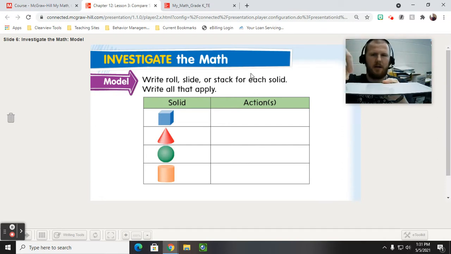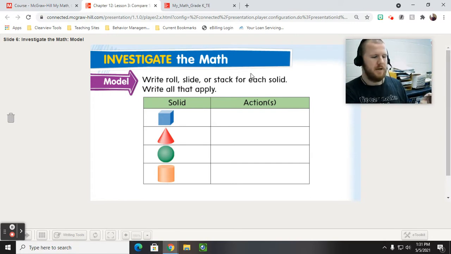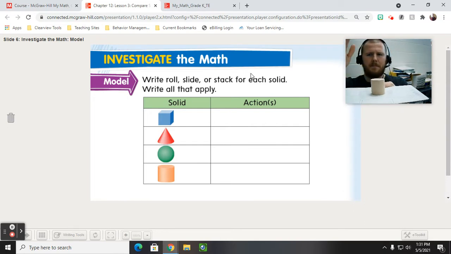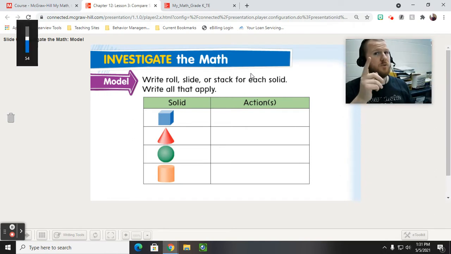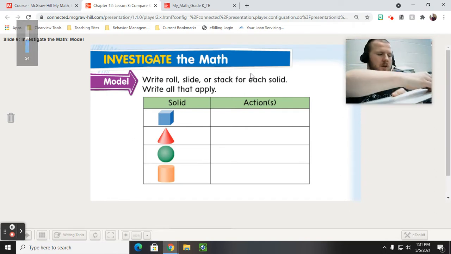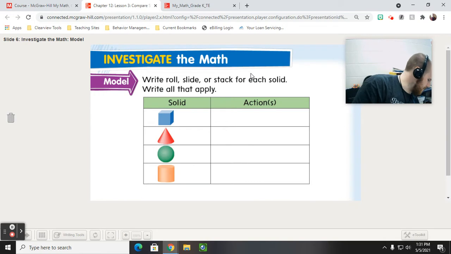Yep, it rolls. You could roll this all day long because it's round all the way around. And then the cylinder, it doesn't roll that way, but it does roll that way. Okay, now I'm dropping them everywhere.